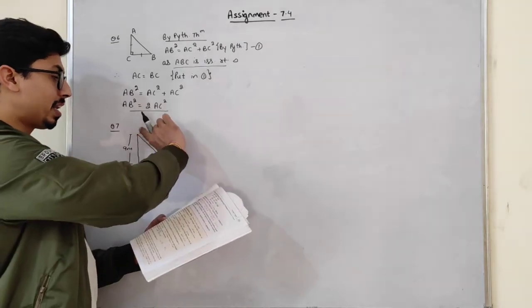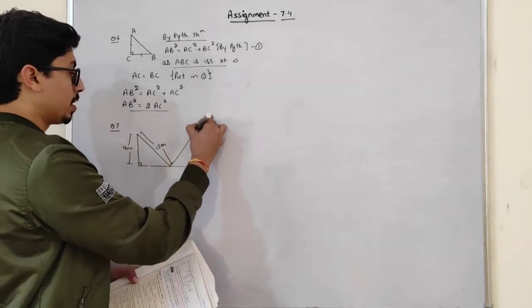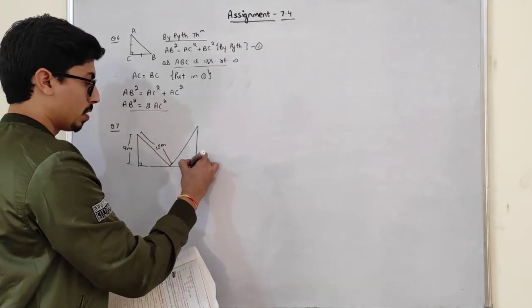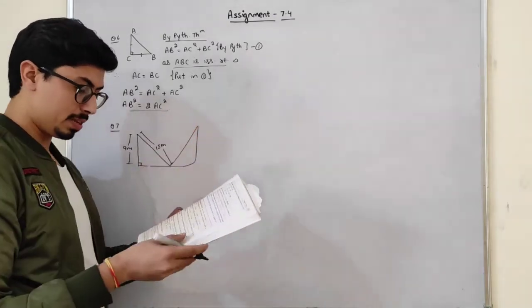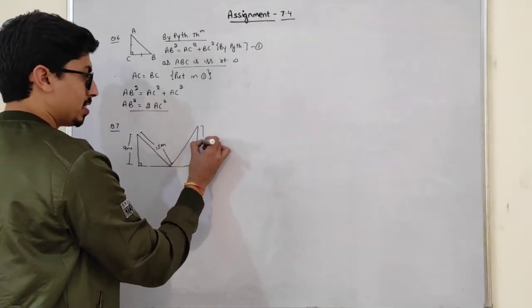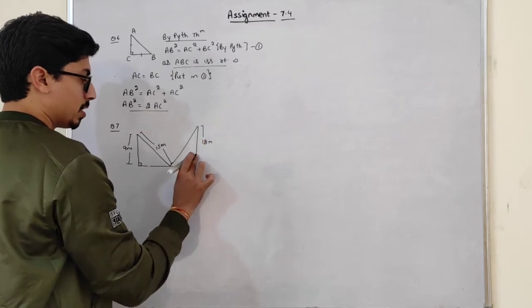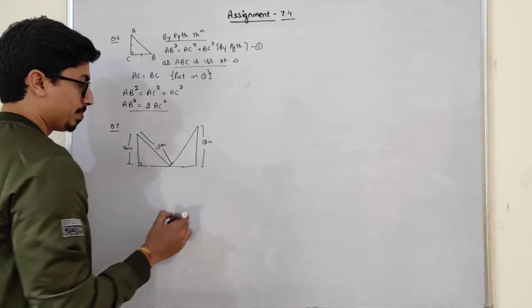That means this ladder is turned toward this side now. So this will be here now, and reaches a window. Now next window is here, which is 12 meter high. So this distance is 12 meters, students. This distance is 12 meter.